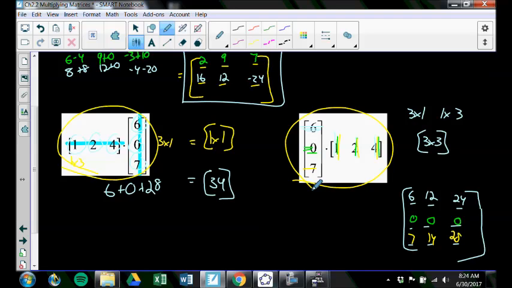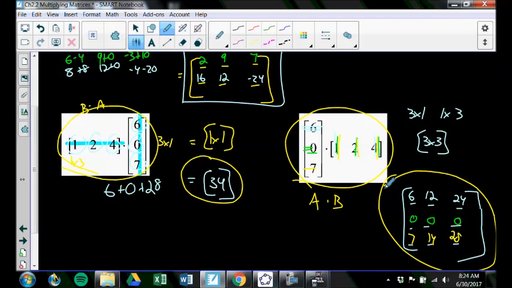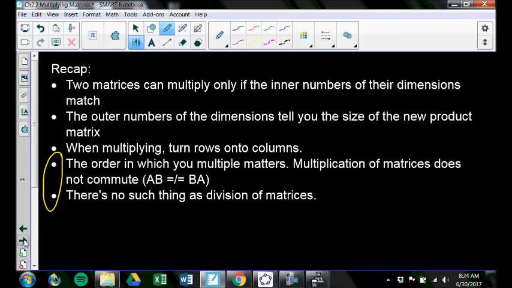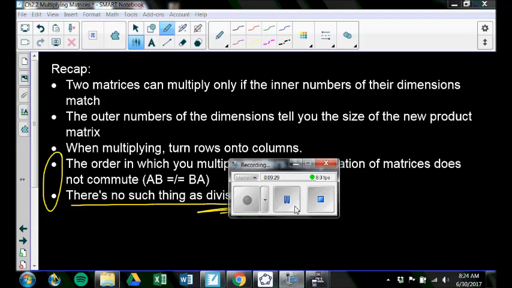But when I multiplied, think of this as A times B and this is B times A. I did not get the same thing. The order in which you multiply really, really matters. A times B is not the same as B times A. Another thing of note is that there's no such thing as division of matrices. We'll talk about how to kind of get around division in our next video.